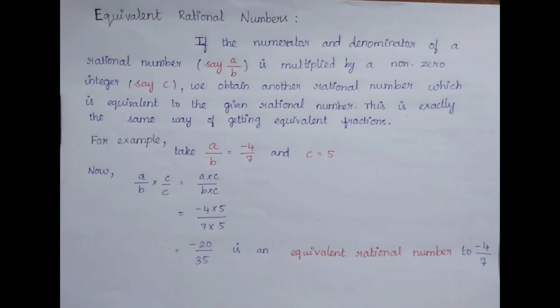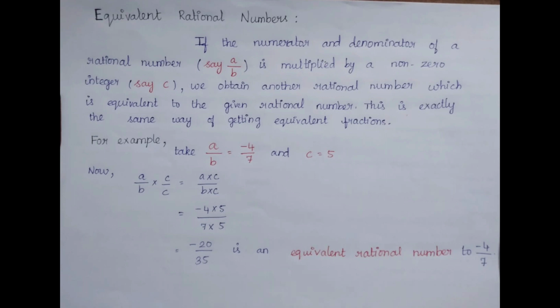Let us see how to find the equivalent rational numbers. If the numerator and denominator of a rational number, say a by b, is multiplied by a non-zero integer, say c, then we obtain a rational number which is equivalent to that rational number.